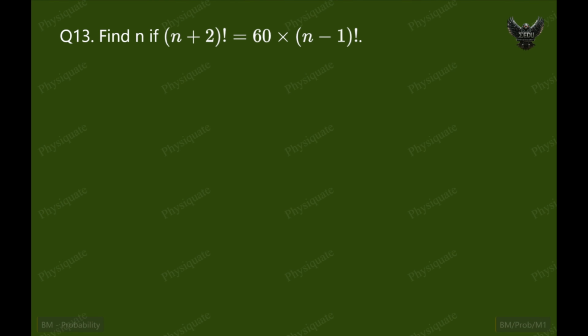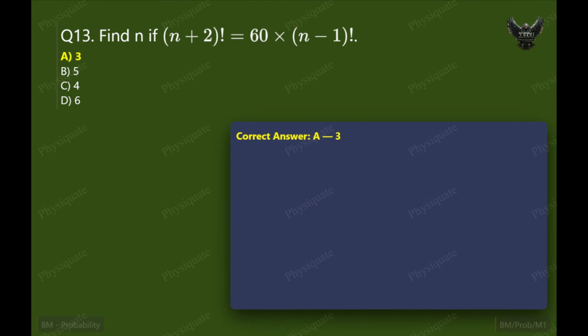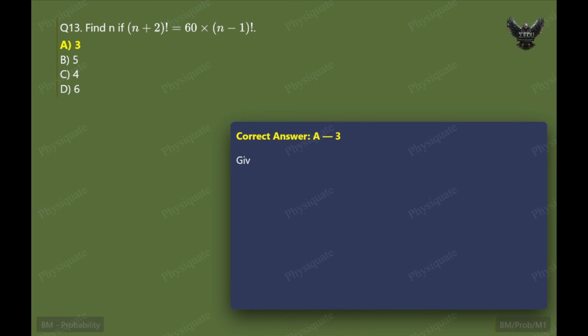Question 13. Find n if (n plus 2)! equals 60 times (n minus 1)!. Correct answer is option A. Given, (n plus 2)! equals 60 times (n minus 1)!. Expand (n plus 2)! as (n plus 2)(n plus 1)(n)(n minus 1)!.